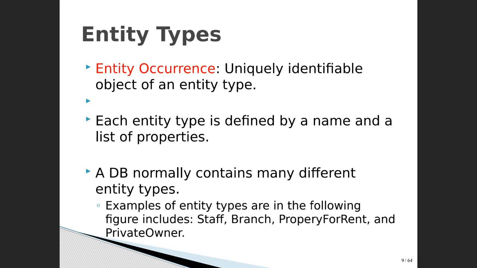All right. Okay, let's talk about the entity occurrence. Entity occurrence means a uniquely identifiable object of an entity type. For example, there is only one occurrence of students. It depends on the entity type. It can be defined by a name or a list of properties.